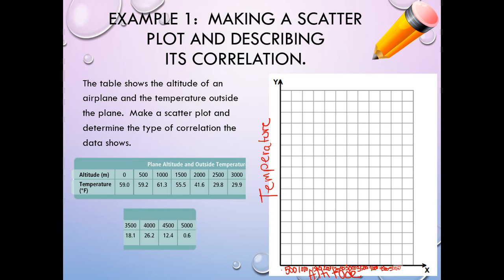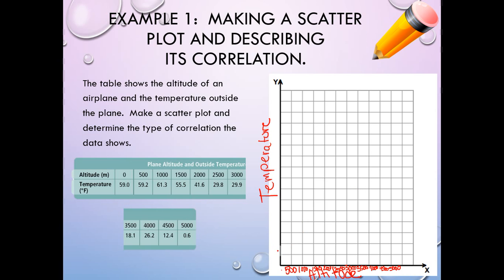Now my temperature, it looks like the lowest I go is 0.6. So I'm going to have to make sure my temperature values are pretty low. So I think I'm going to go by 10s. Or actually, it looks like we could go by 5s.